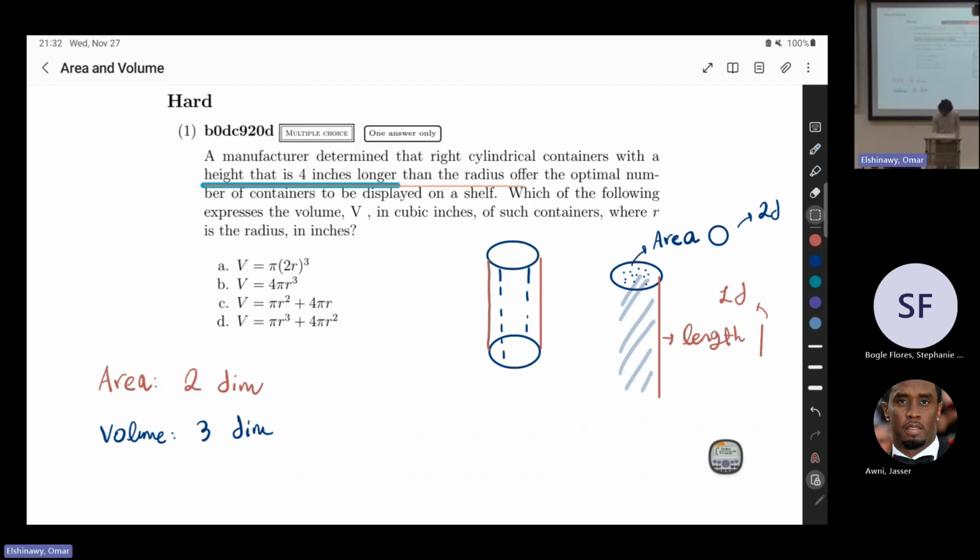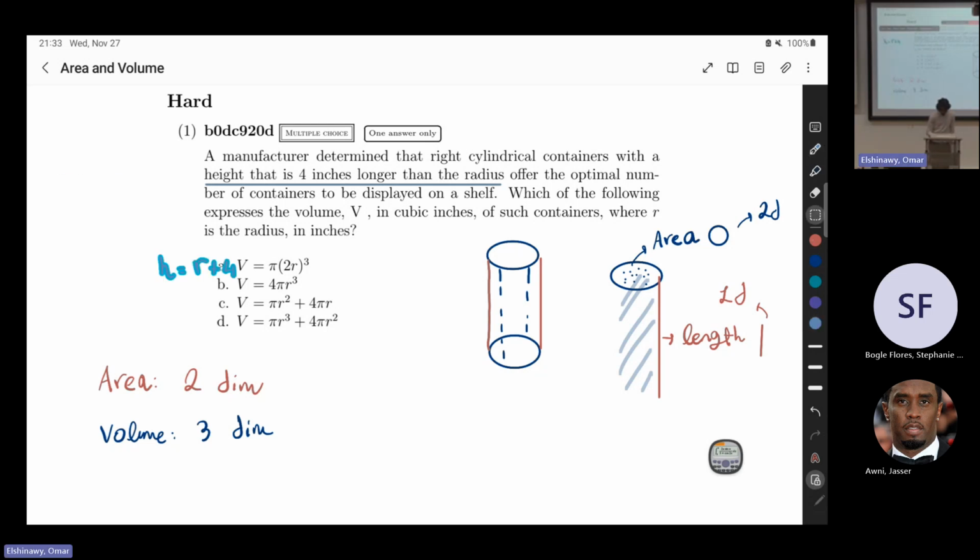So what are the facts? This is the fact. It says that the height is 4 inches longer than the radius. So you take the radius and you add to it 4 inches. Let's just write 4. Okay.